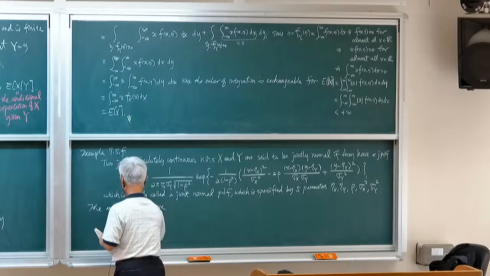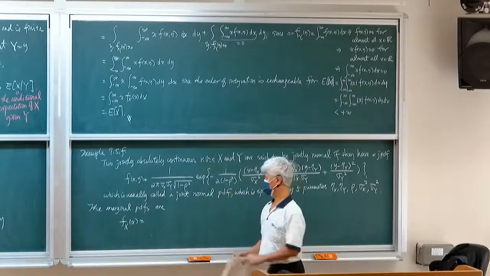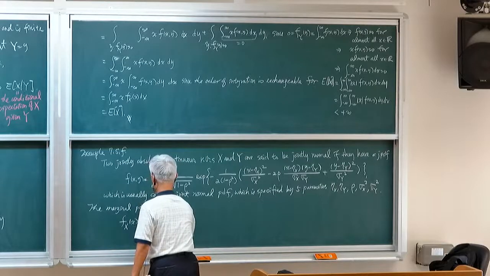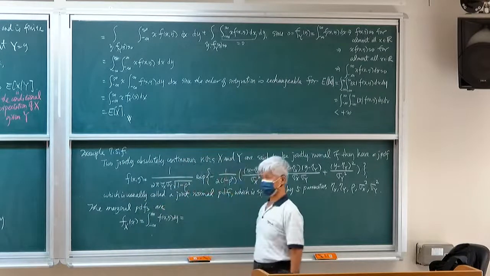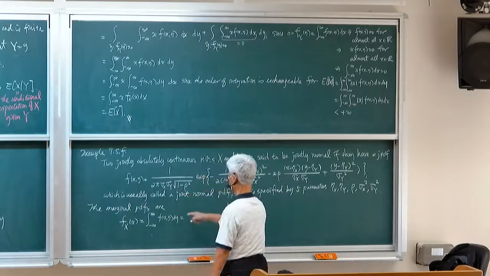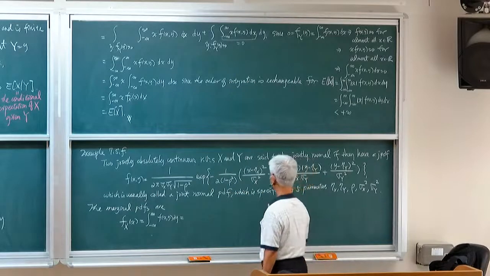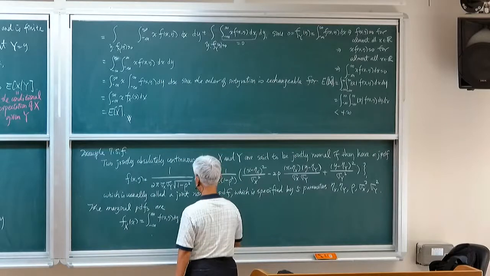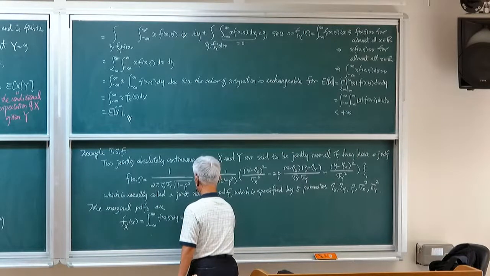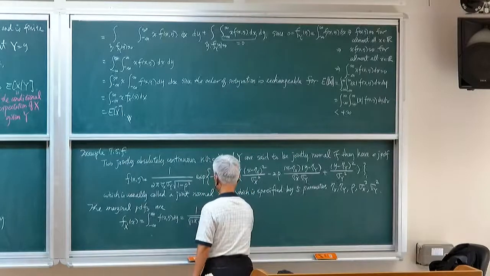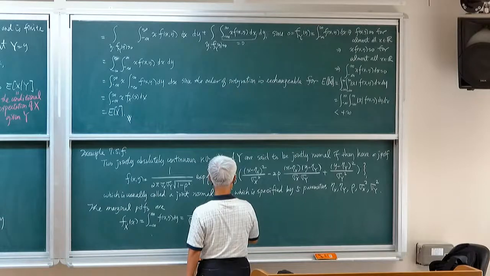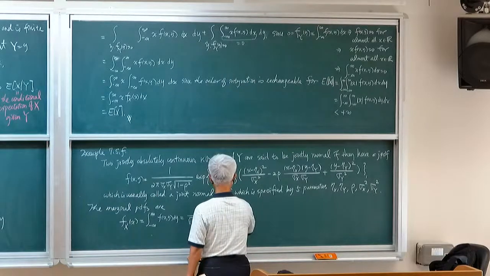Now for x, when you do the integration, then you will find that we have 1 over square root 2 pi sigma x square, and exponential minus x minus eta x squared divided by 2 sigma x square.